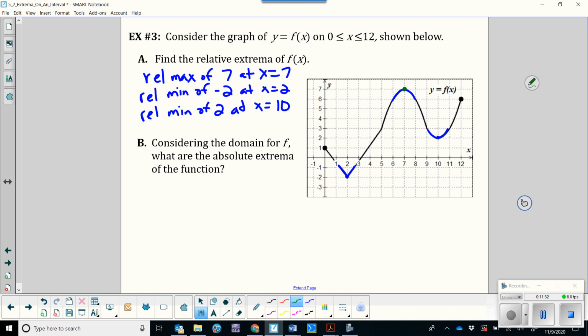So 7's the biggest value, -2 is the smallest value that it has. So absolute max of 7 at x equals 7, and an absolute min of -2 at x equals 2. So it definitely, a point can be both a relative or absolute max or min.